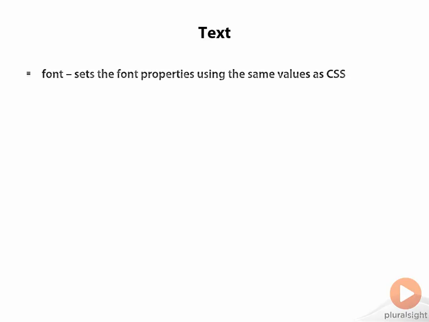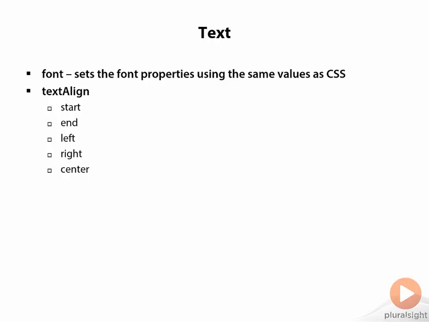Text is written to the canvas in very much the same way that shapes are written to the canvas. We begin by setting up the font, and the font uses the same properties and the same values as CSS, which makes this very easy to do. We then set up the text alignment, which can be start or end or left or right or even center.